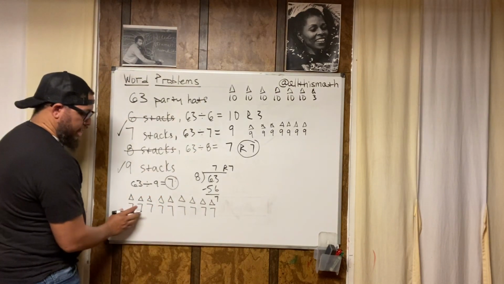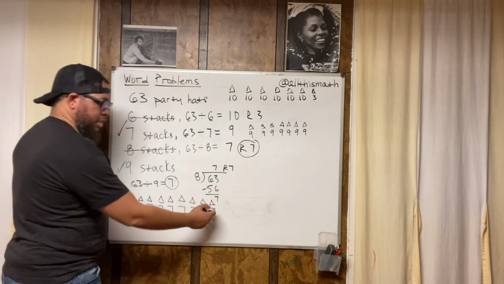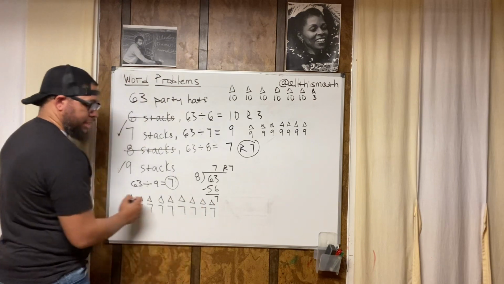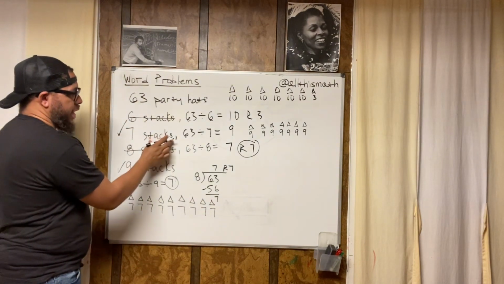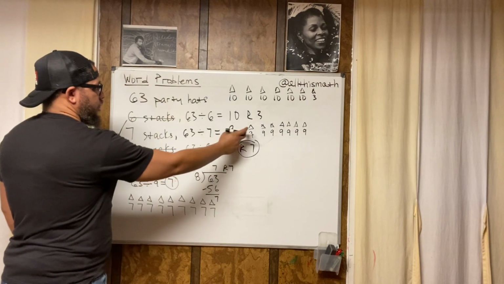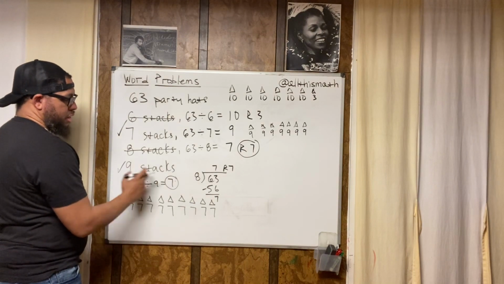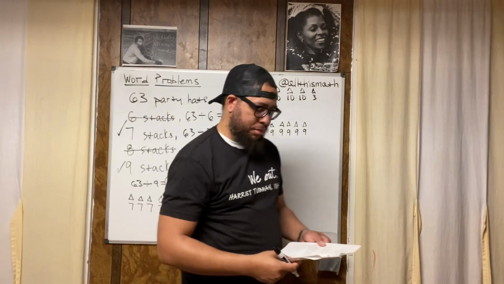Yeah, so we got 9 stacks, and each of those stacks has 7 party hats in it. So these are your 2 correct answers: 7 stacks of 9 hats each, or 9 stacks of 7 hats each. Those are your 2 answers for this problem.